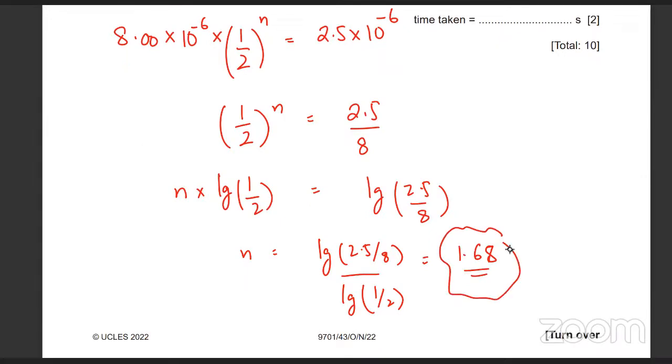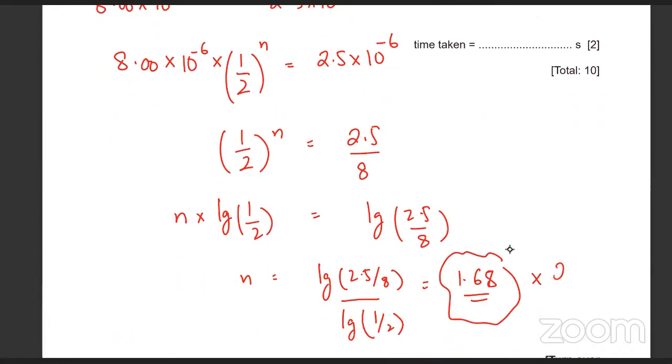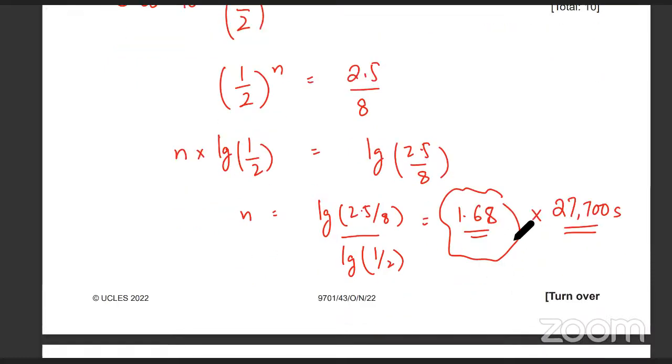Yes. But what was the half-life? The half-life we already calculated was 27,700 seconds, right? So one half-life is 27,700 seconds. So 1.68 half-lives are 27,700 multiplied by 1.68. So what do you get for this? 4648.25.